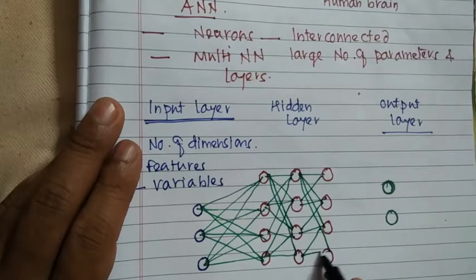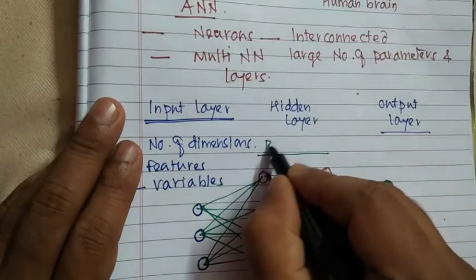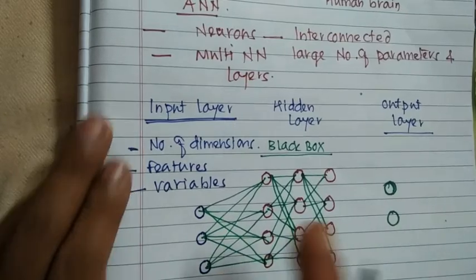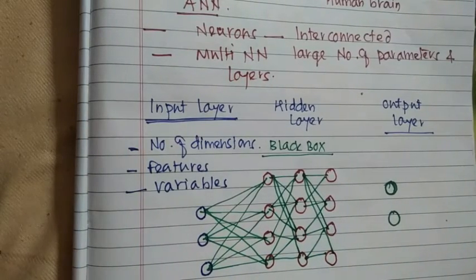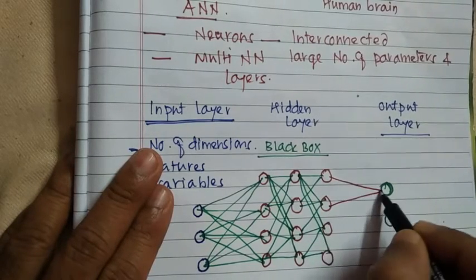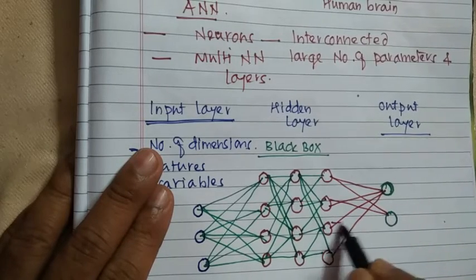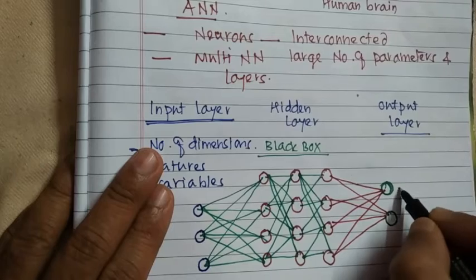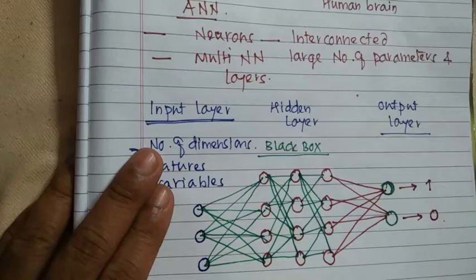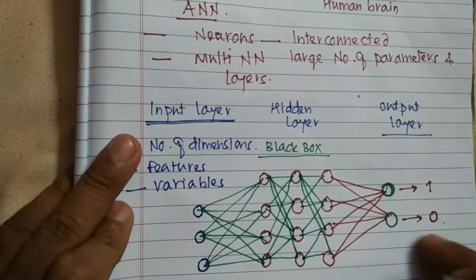This is called a black box, where the filtration of information takes place, and finally we come out with a decision, whether to go for this as the output or that as the output. It depends on the input variables, so we come out with the decision.